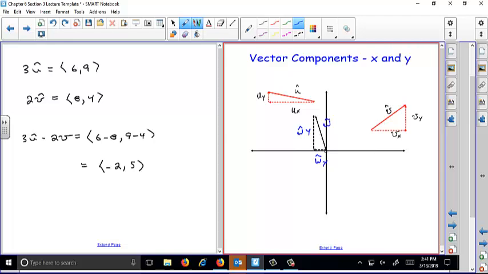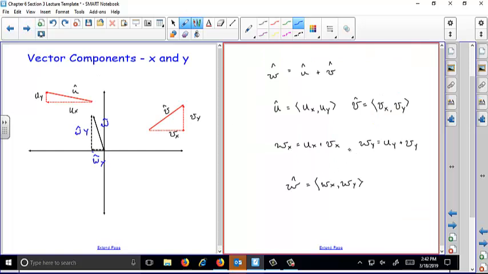Doing vector addition, if I add this vector to this vector, I'm putting the tail of the y component coincident with the tip of the x component. And when you add those two vectors together graphically, you end up with this point, and so the resultant vector w is from the origin to this point.